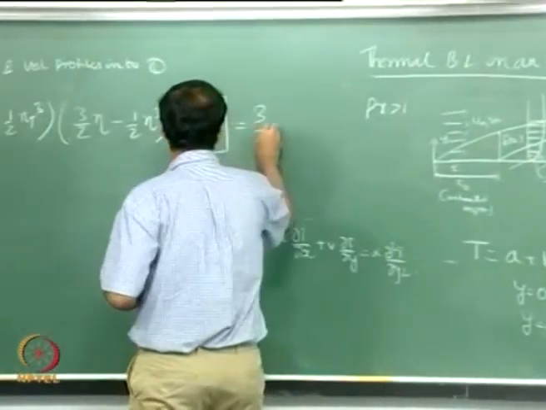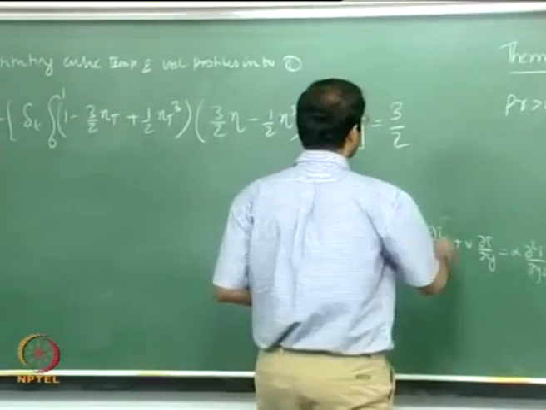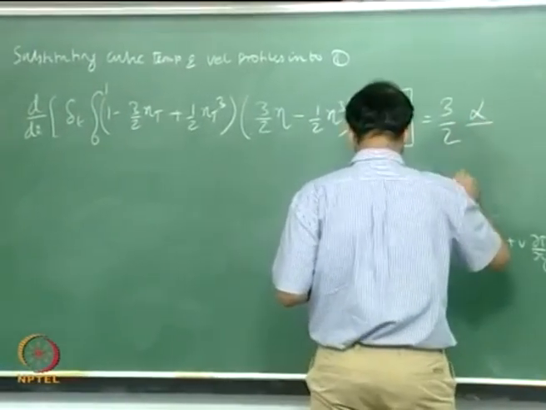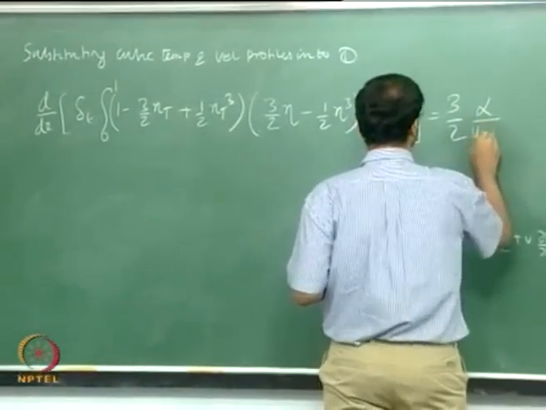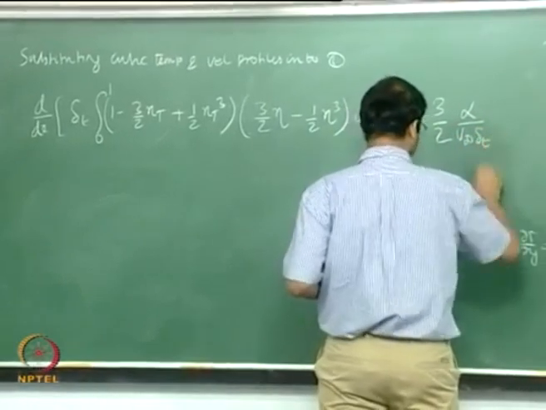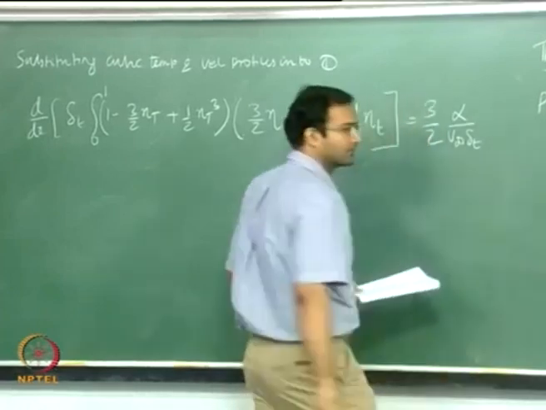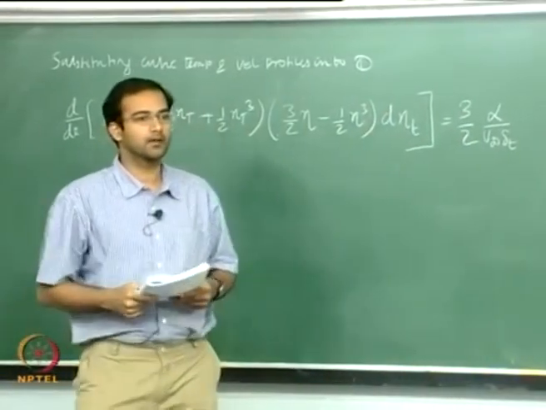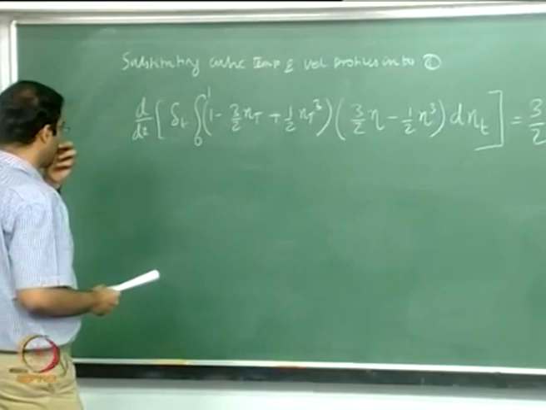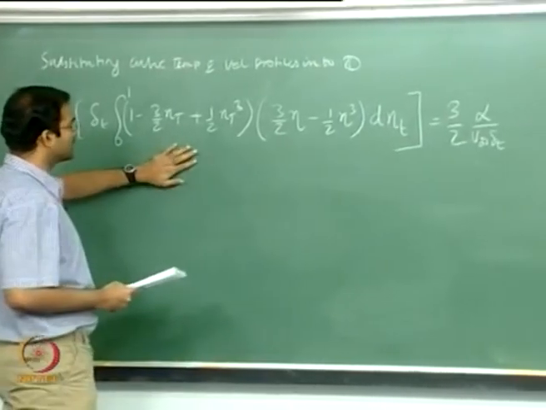So 3 by 2 into alpha by delta t into u infinity. So this is the final expression after we substitute.